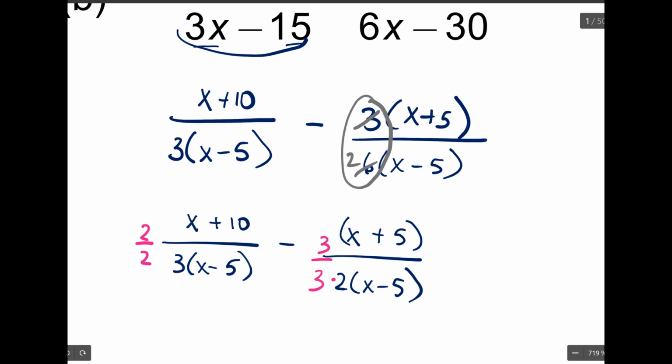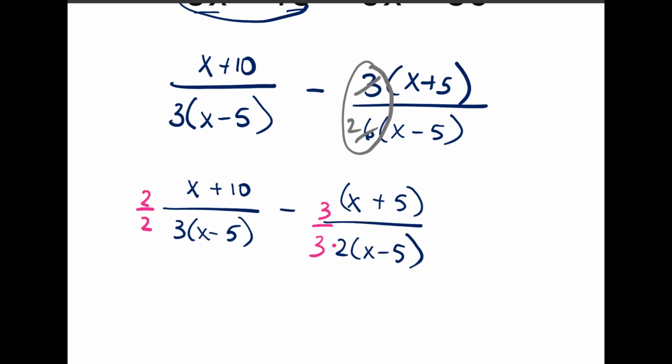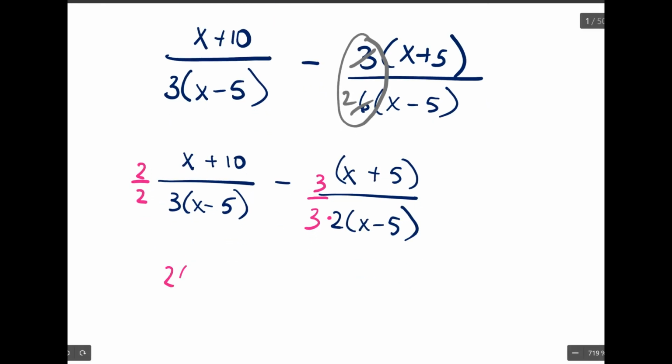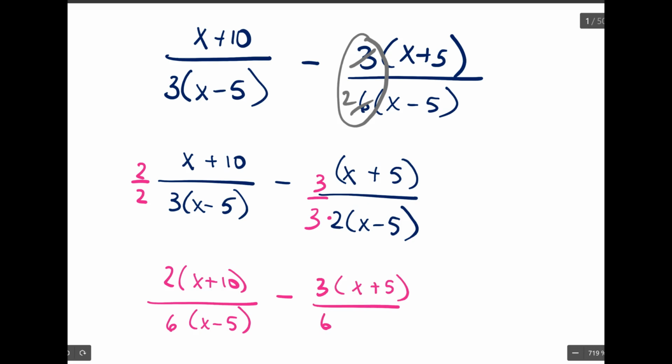We just got rid of our 3 on the right side, and we brought it back. So this means I have 2 times x plus 10 all over 6 times x minus 5, minus 3 times x plus 5 over 6 times x minus 5.